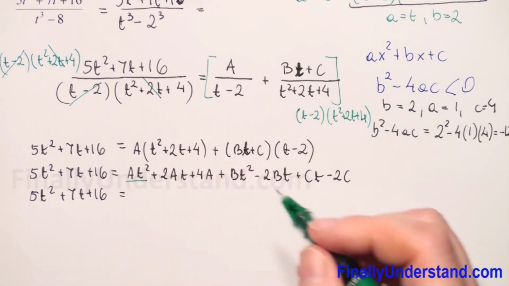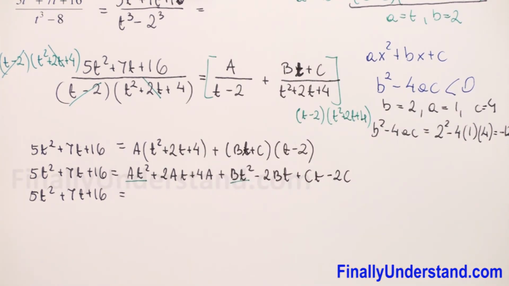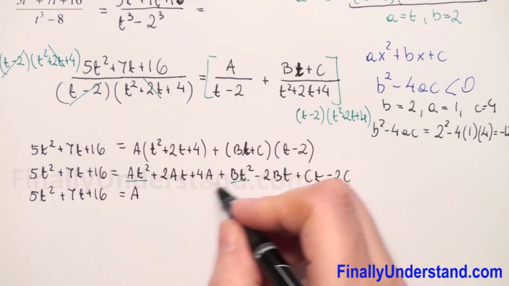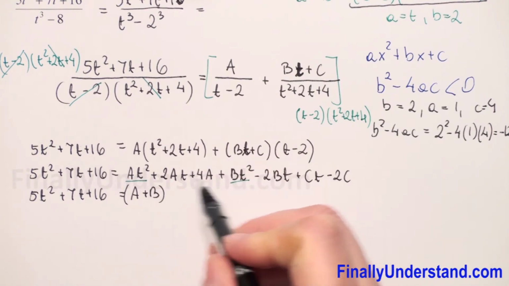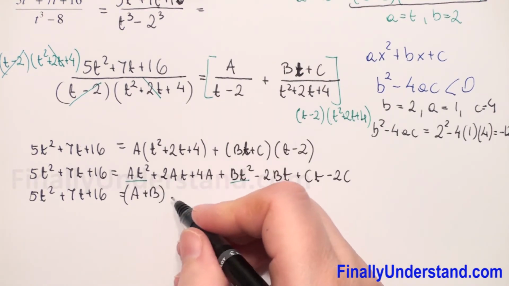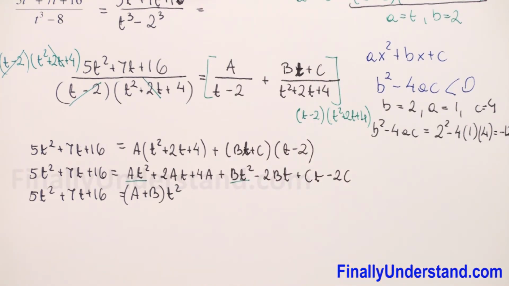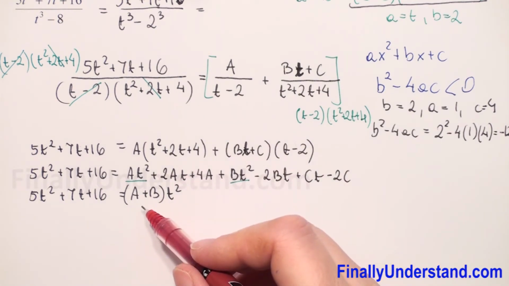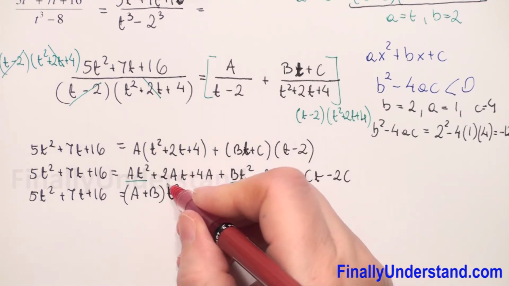We have t squared and t squared, so first I will write constant a plus b. I will just factorize t squared from these two terms, and next we will write the terms with t. We'll write this in descending order, so t squared, next will be t.